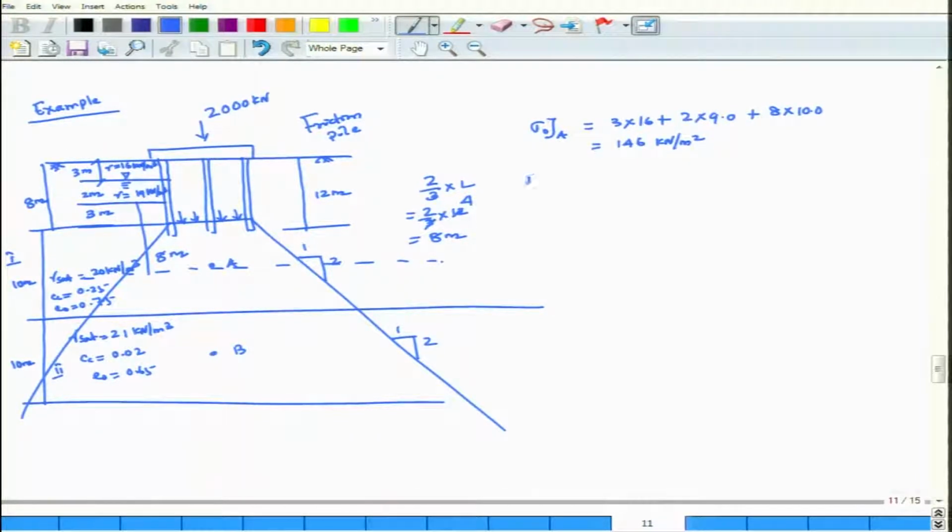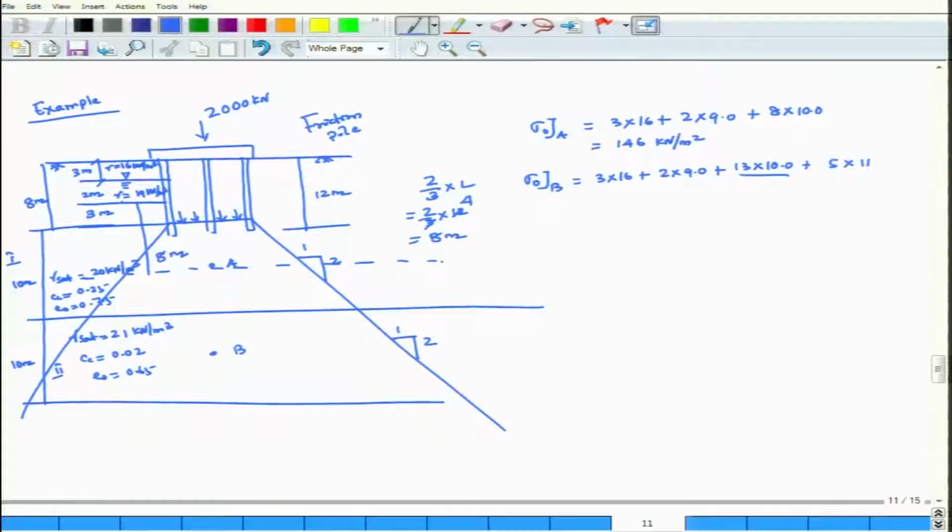Similarly, sigma 0 at B, the overburden pressure at B, is equal to 3 into 16 plus 2 into 9.0 plus 13 into 10.0 plus 5 into 11. 13, because this is total 10 plus 3, from here to here will be 13 meter, that is why 13 into 10, and at the middle it is 10 meter, 5 into 11, it is 21 minus 10, that is 11.